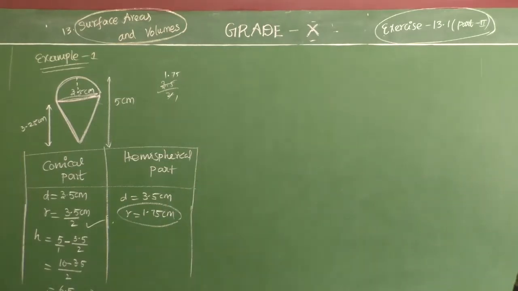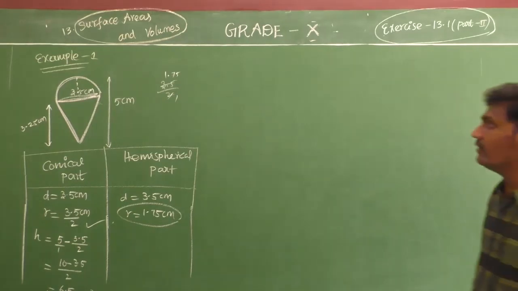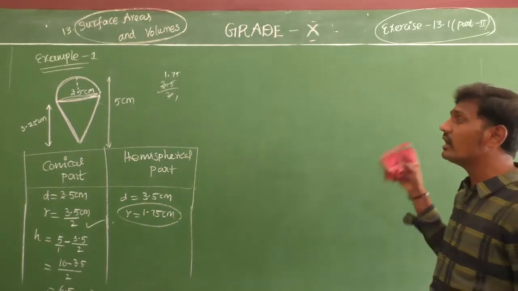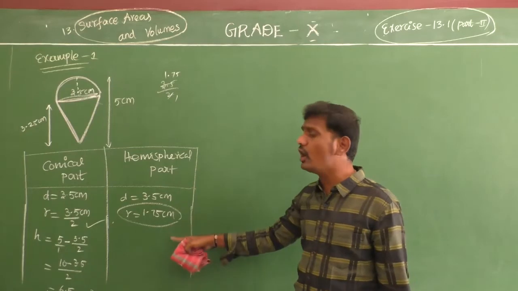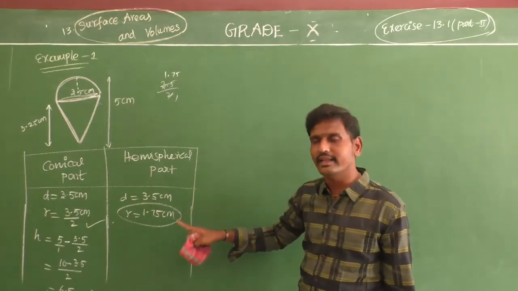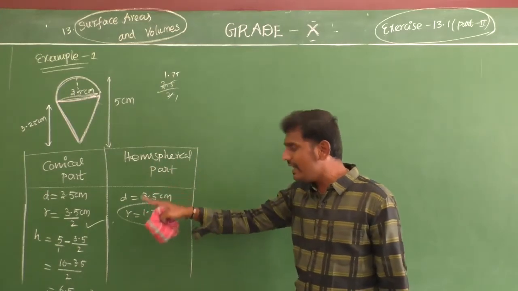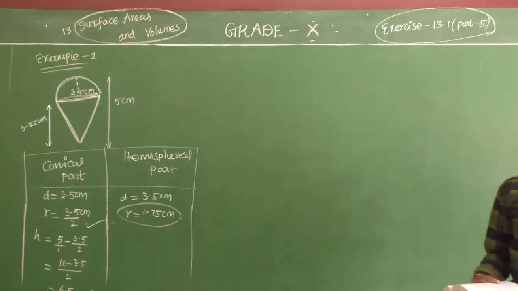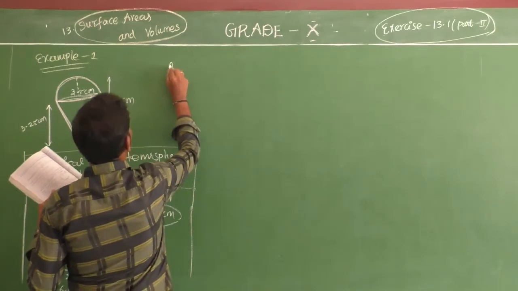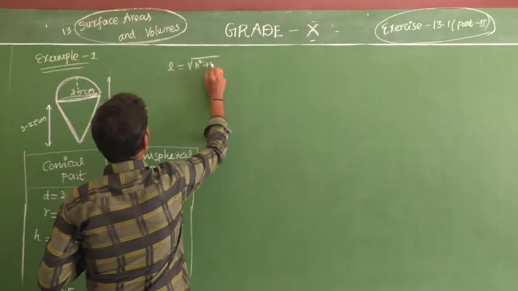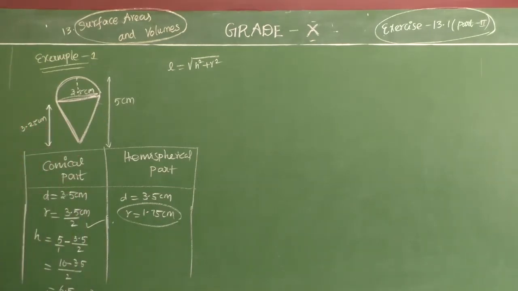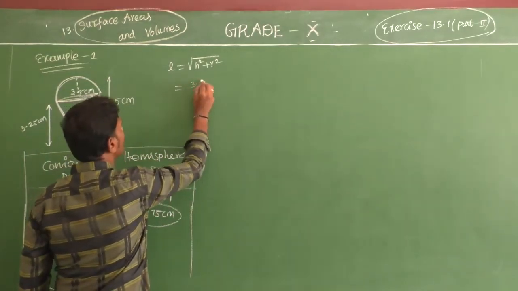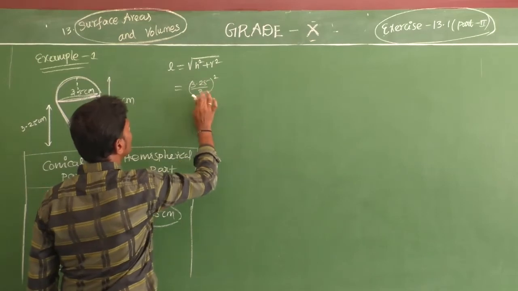Now what are we going to find? The total surface area of the top. And before that, I want to check one more thing: 3.25 by 2 the whole squared.